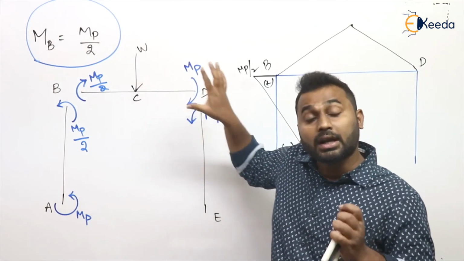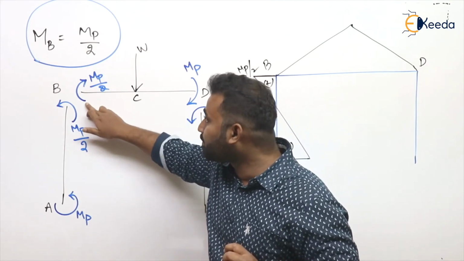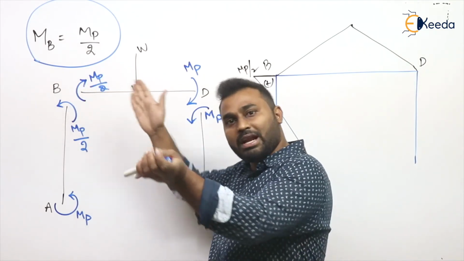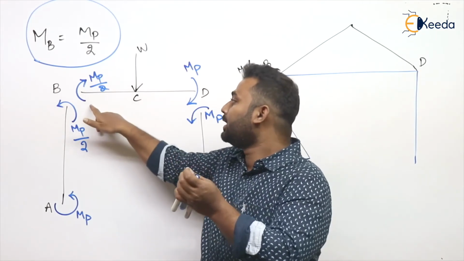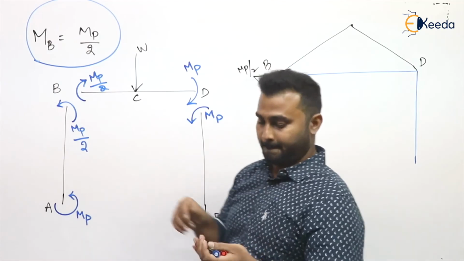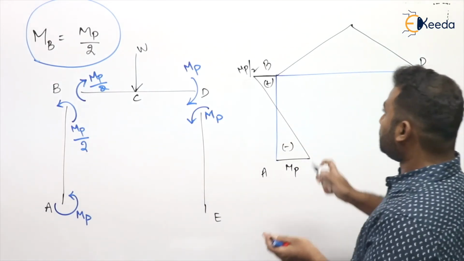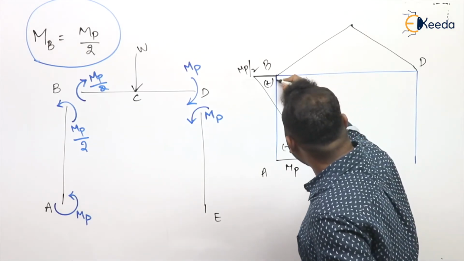Now let us draw the bending moment diagram for these end moments. It is MP by 2 when we are considering from the left side for the span BD. Then this moment sign should be positive, meaning sagging, so this is how we represent it here.